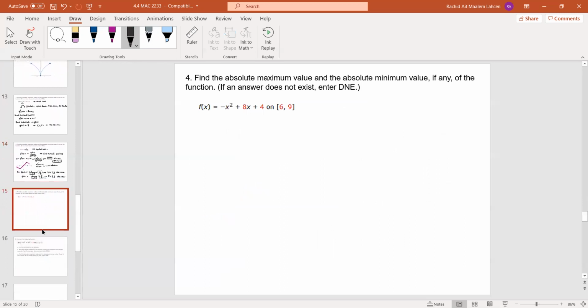All right, let's look at this question, number 4. So you see now an interval is there. And also, as discussed, this is also a parabola.